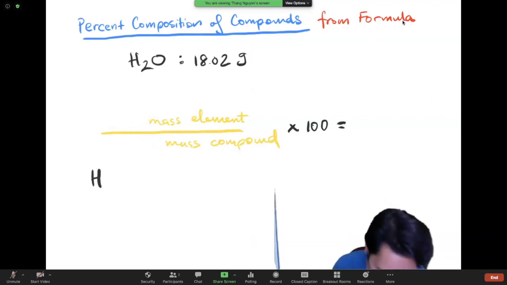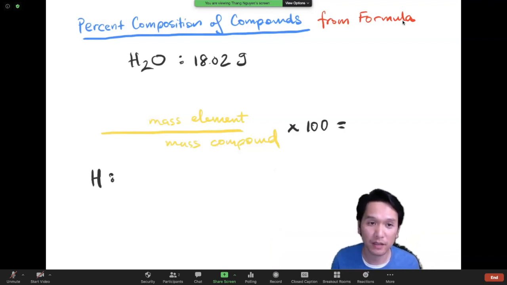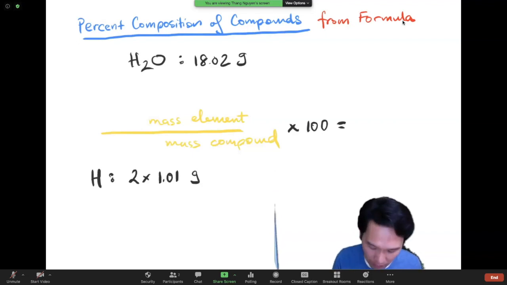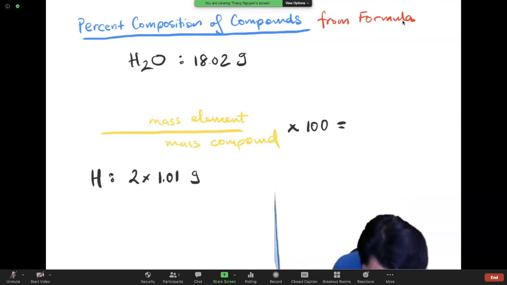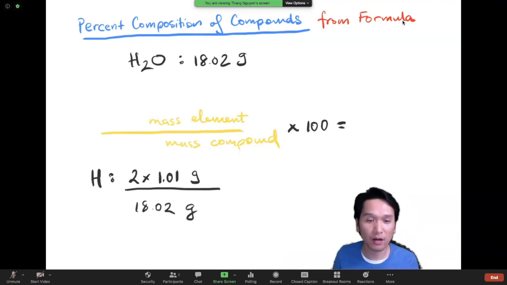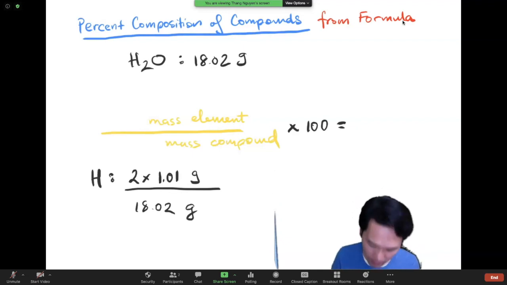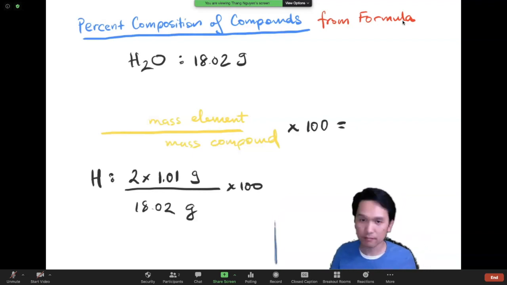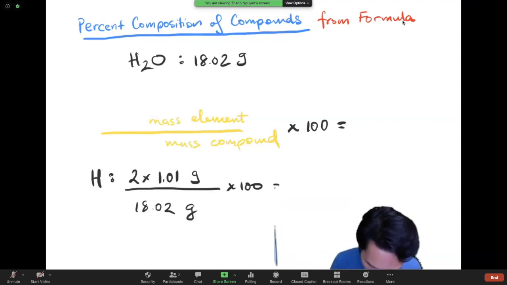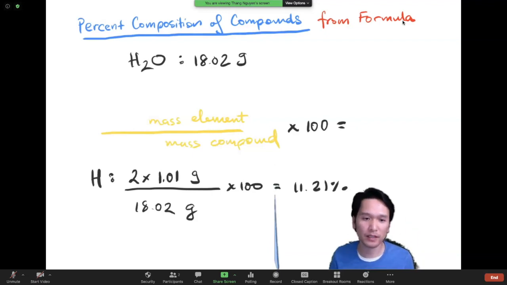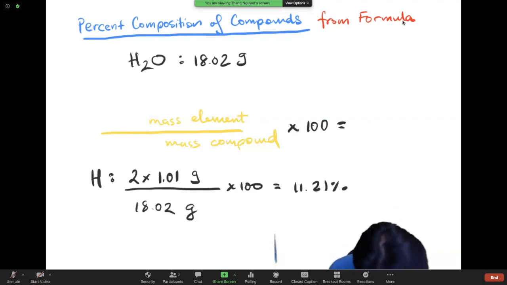All right, for hydrogen, what is the total mass of hydrogen in this molecule? Remember, each one is 1.01. You multiply that by 2 because there are 2 hydrogens, divided by the total mass of the compound, 18.02 grams, multiplied by 100. Get your calculator out. Gives me 11.21%. Now let's do that for oxygen.